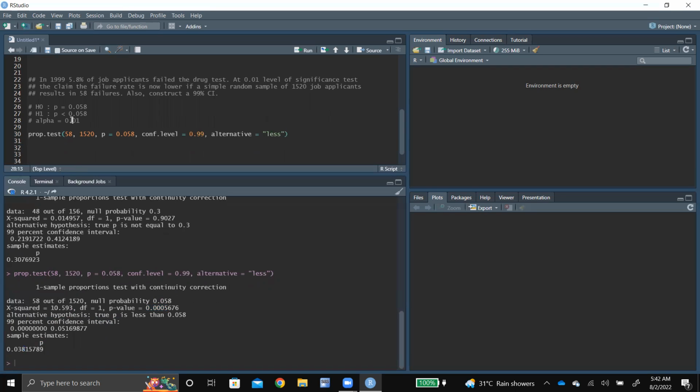So for this example, we reject the null hypothesis. So we have sufficient evidence that the failure rate has reduced from 5.8% in 1999. Also, the 99% confidence interval ranges from 0 all the way to 0.052.